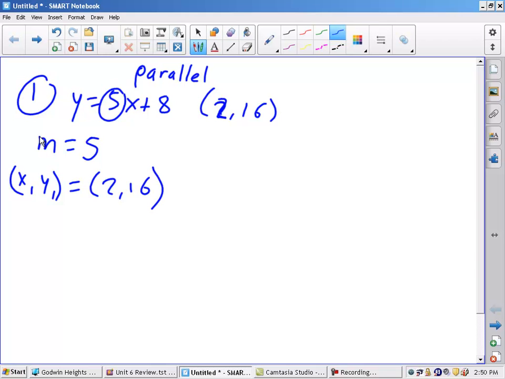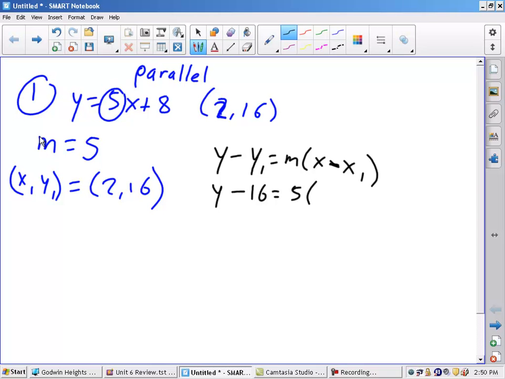So those are the two things you're going to use. You're then going to plug it into point slope form, which is y minus y1 equals m times x minus x1. You're going to plug in your information, which is y minus 16 equals 5 times x minus 2.